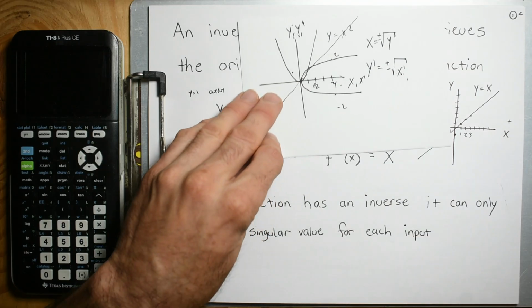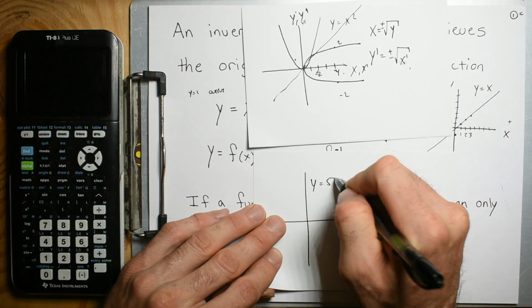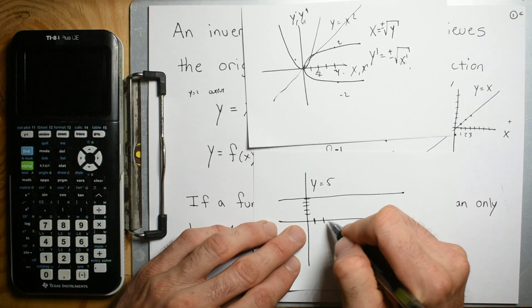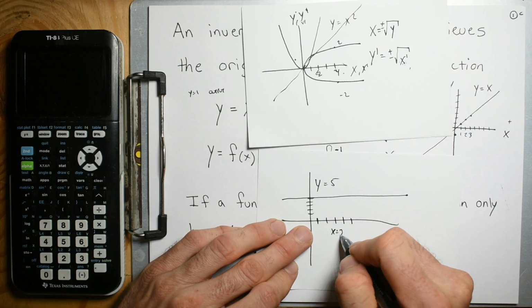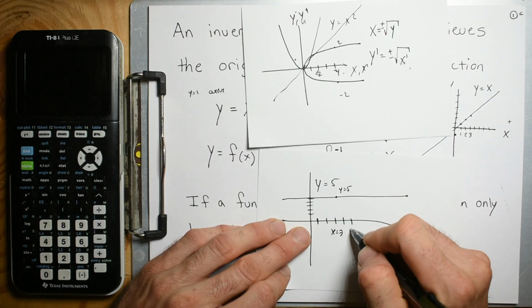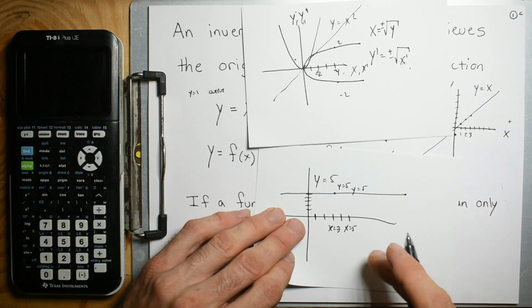Don't confuse that with y is equal to 5. It seems like this contradicts, but no. When x is equal to 3, what's y? Y is equal to 5. When x is equal to 5, what's y? Y is equal to 5.